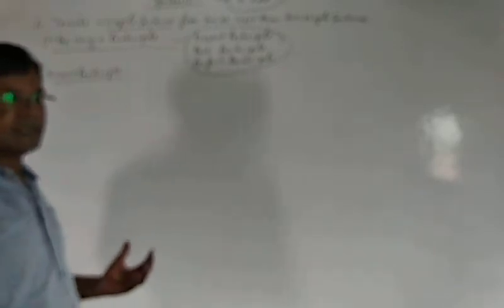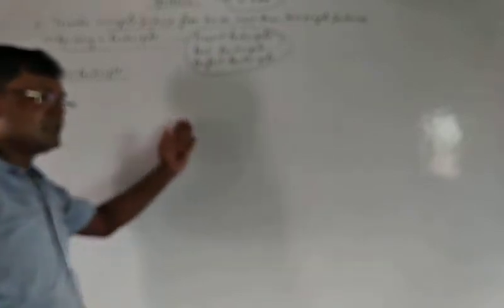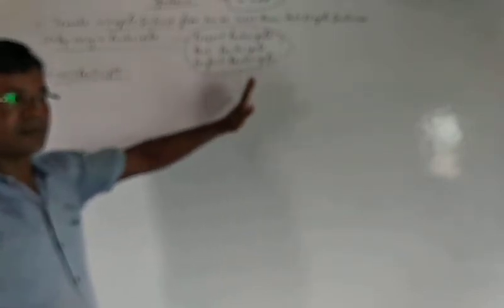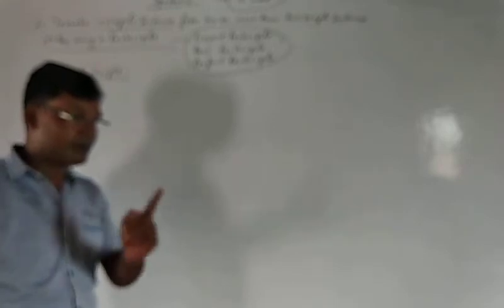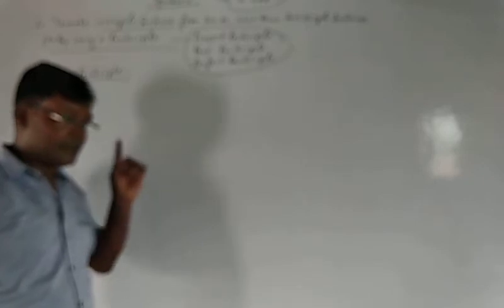In present participle, at least there will be two sentences and the subject of both sentences will be common. This is the identification of all these three participles.